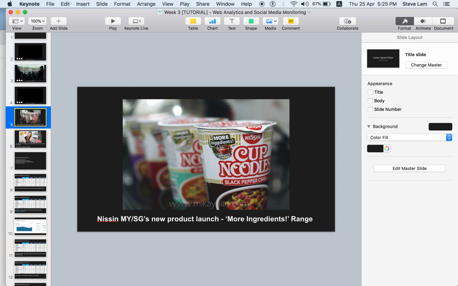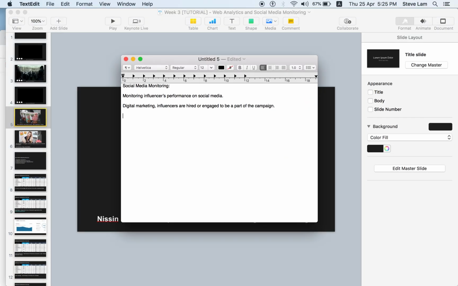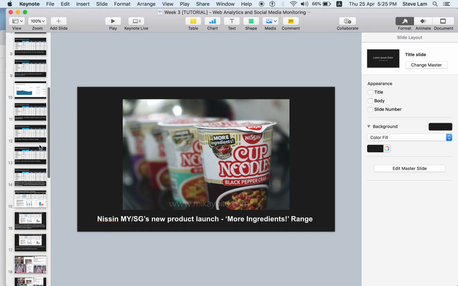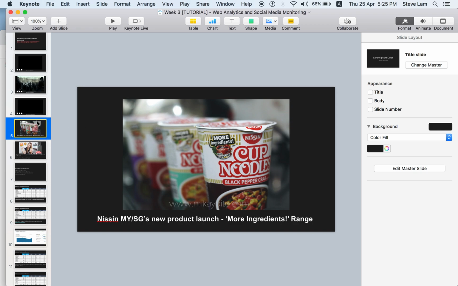So the campaign was a Nissin Cup Noodles campaign for both the Singapore and Malaysia market, but we are focusing on the Malaysia market. They have a couple of new flavors that we're just launching, like the ones you see in the picture here, like pepper crab.